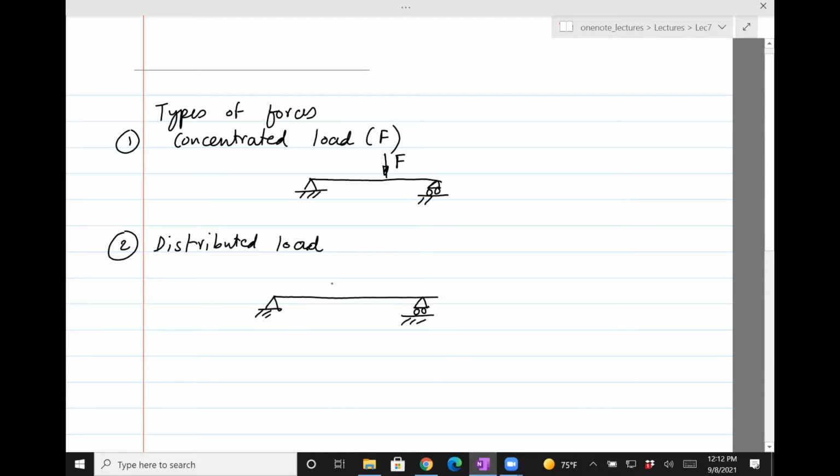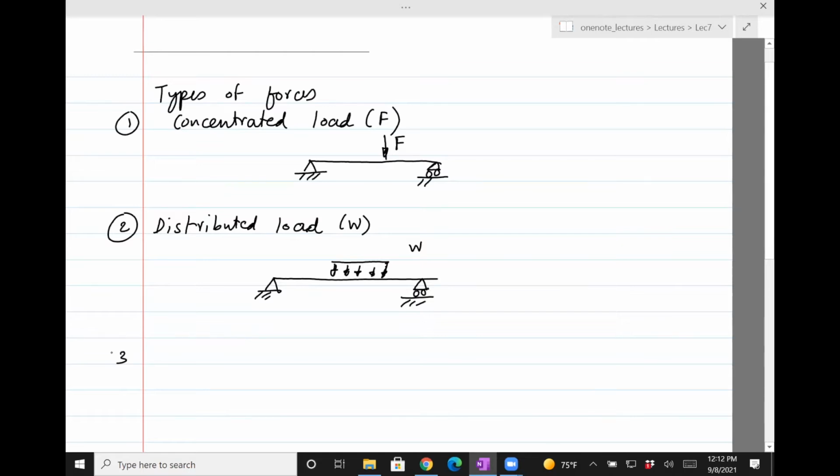So that normally is drawn in the form of a couple of arrows and an over bar, and it's denoted by the letter W, small w.